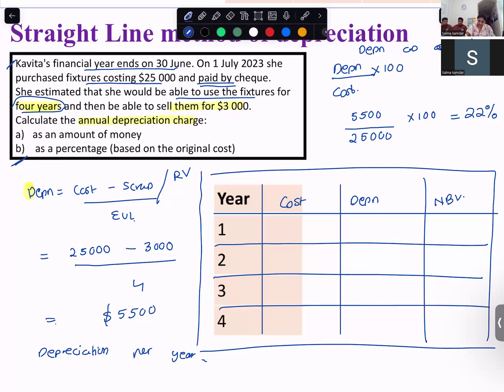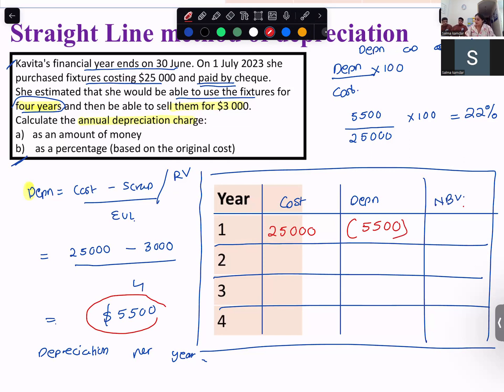What is the cost of my asset? 25,000. When I am charging depreciation, what is the depreciation per year? 5,500 is the depreciation per year. So cost minus depreciation, I'm reducing the value.